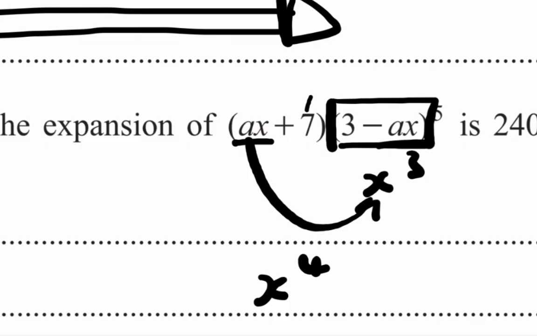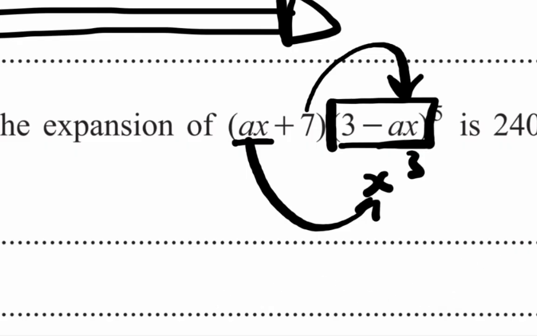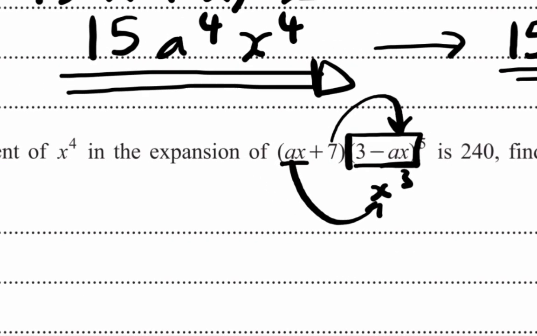And when we multiply this 7 by the term in x to the power 4 for this bracket, we'll get a term in x to the power 4, and we add the two. And that's how we're going to do it. So we already have the term for this, that is x to the power 3.